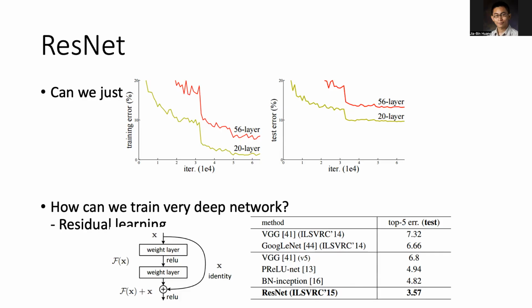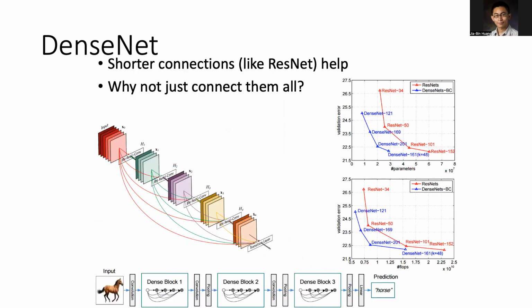Okay, so residual connection works, but it's only connecting one layer to the next layer. Why not connect to all layers? People also experimented with that. At that time it was mostly these very simple, intuitive ideas, but they had a huge impact.